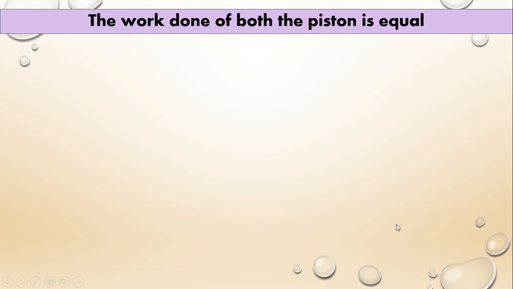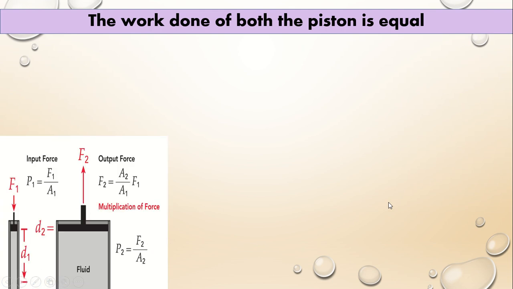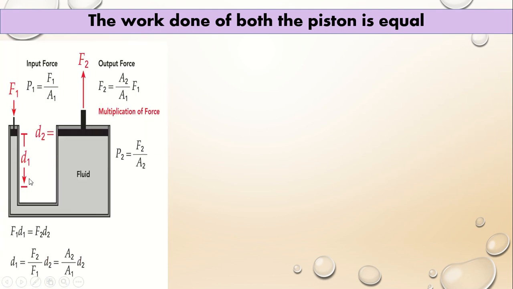Now I will show you that the work done on both pistons is equal. Here in the figure you can see F1 force is applied on the smaller piston. As a result, the piston moves down by traversing a distance d1 in the downward direction, and the larger piston moves up by traversing a distance d2 in the upward direction.